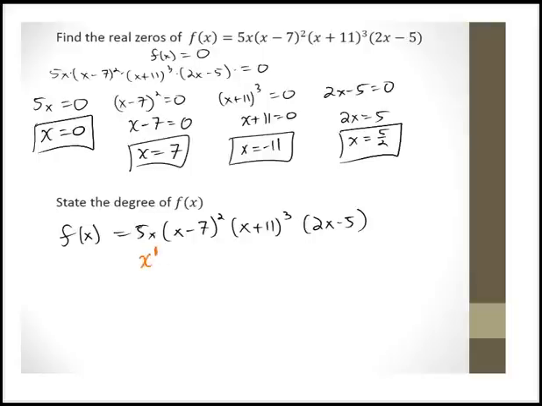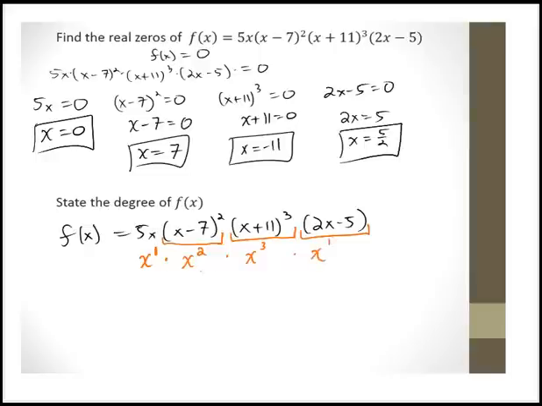Right? We have 5x. That's an x to the first. The second factor, (x minus 7) squared, contributes an x squared. The third factor contributes an x cubed. And the fourth factor contributes an x to the first.